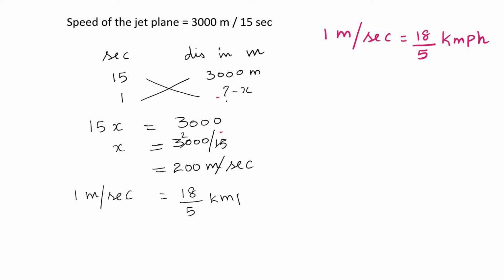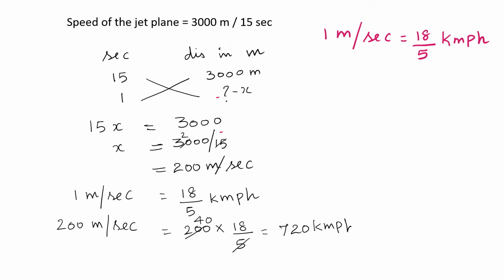So 200 meters per second equal to 200 into 18 by 5. Cancelling, 40 into 18, that is 720 kilometers per hour. So we'll go to the next problem.